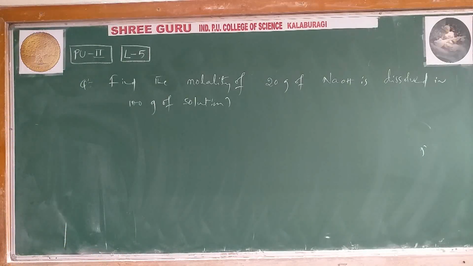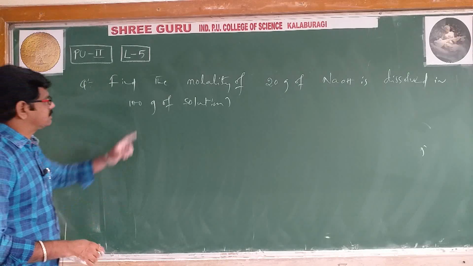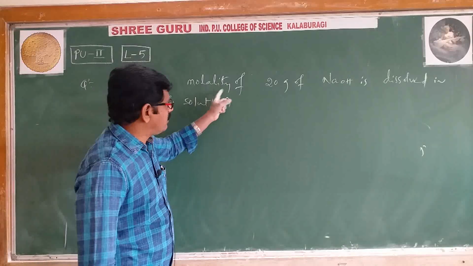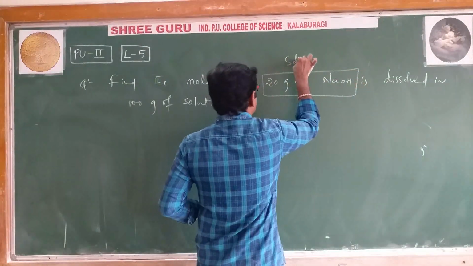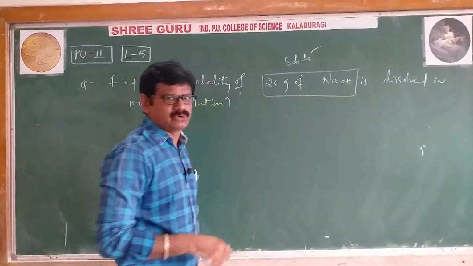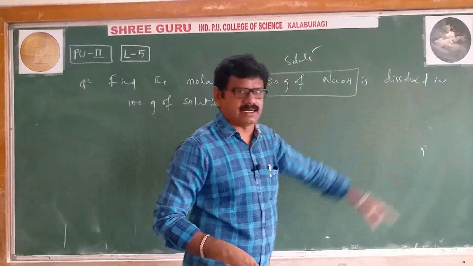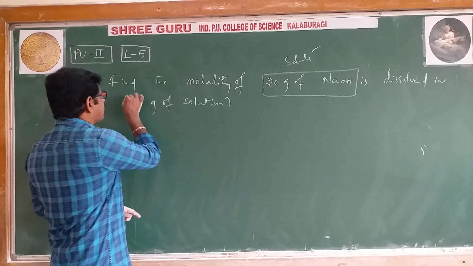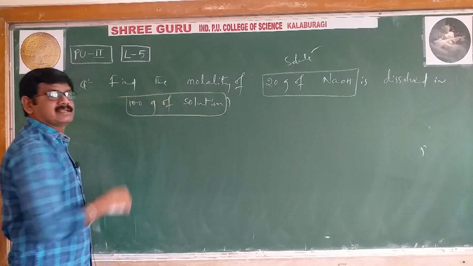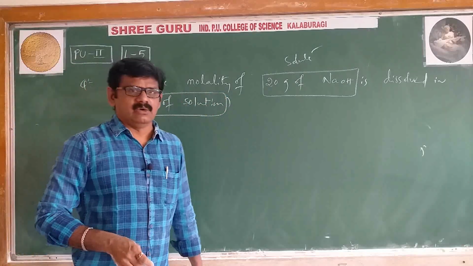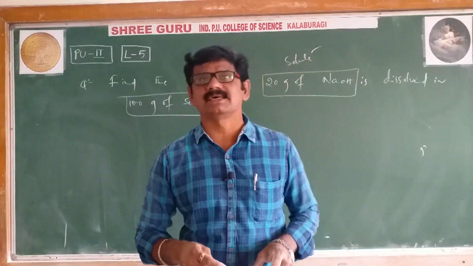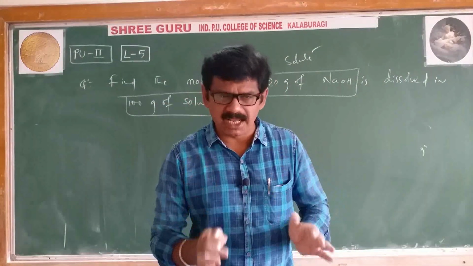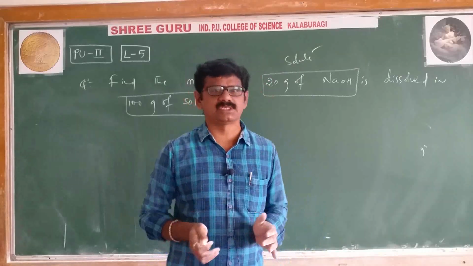Please try to understand the question. 20 grams of NaOH is the mass of solute dissolved in 100 grams of solution. Remember, the solution mass has been given, the solvent mass has not been given, because in molality we have to use the solvent.